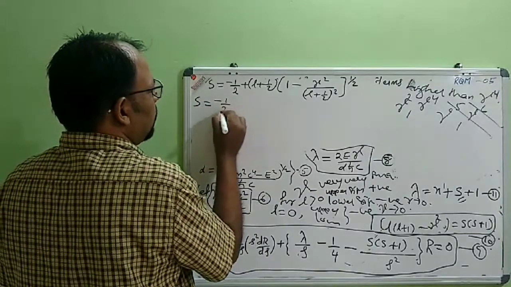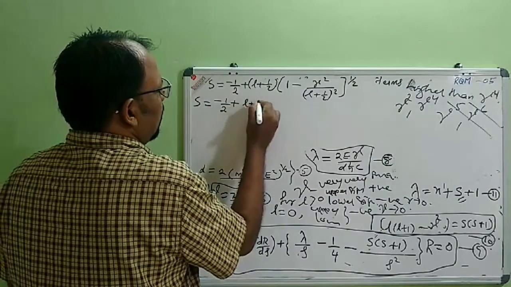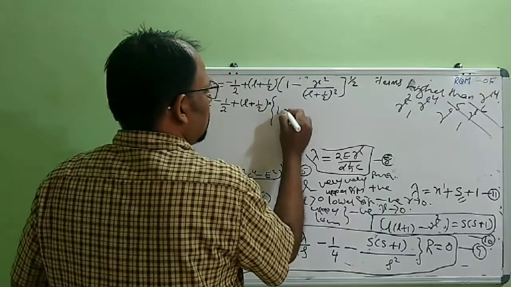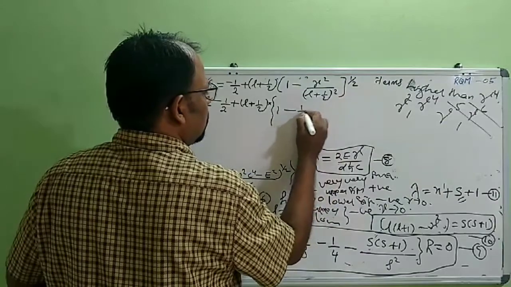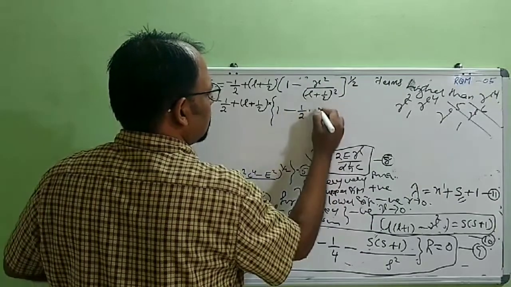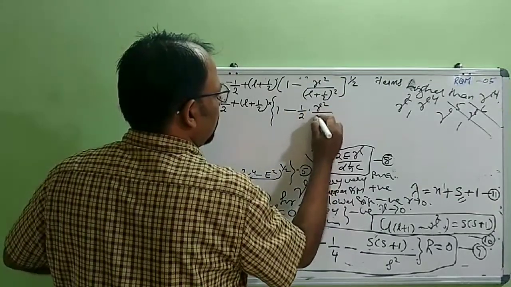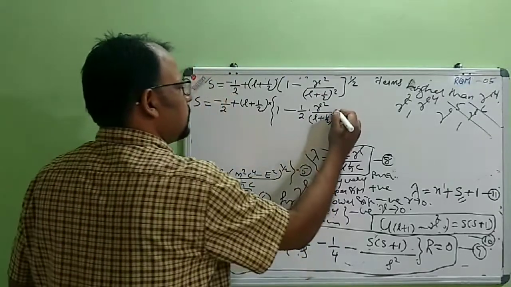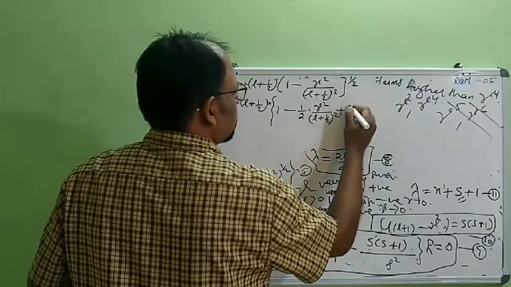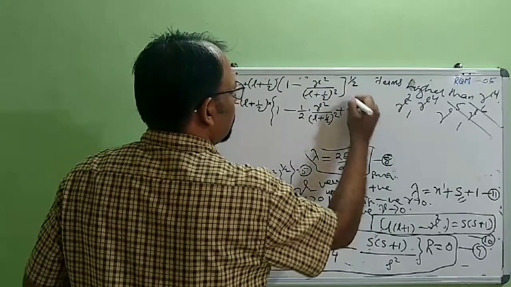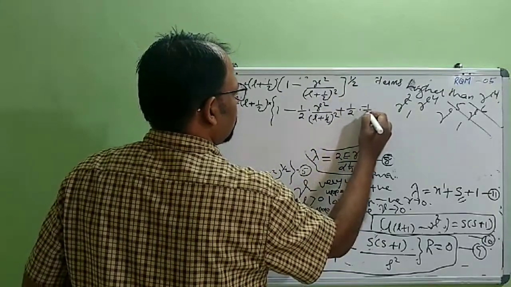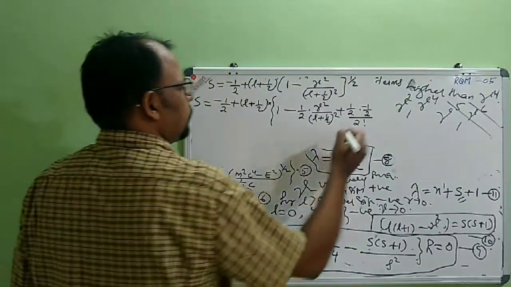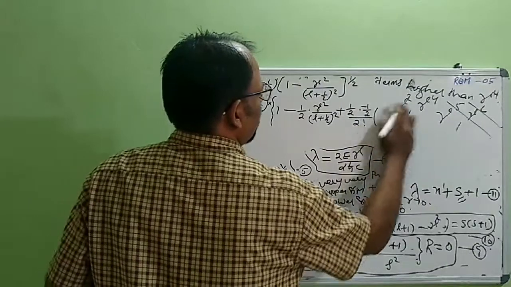is equal to minus 1 by 2 plus (L plus 1 by 2) into this term: 1 minus n x, where n is 1 by 2 and x is gamma square by (L plus 1 by 2) the whole square, plus n into (n minus 1) by 2 factorial into x square, with n equal to 1 by 2.